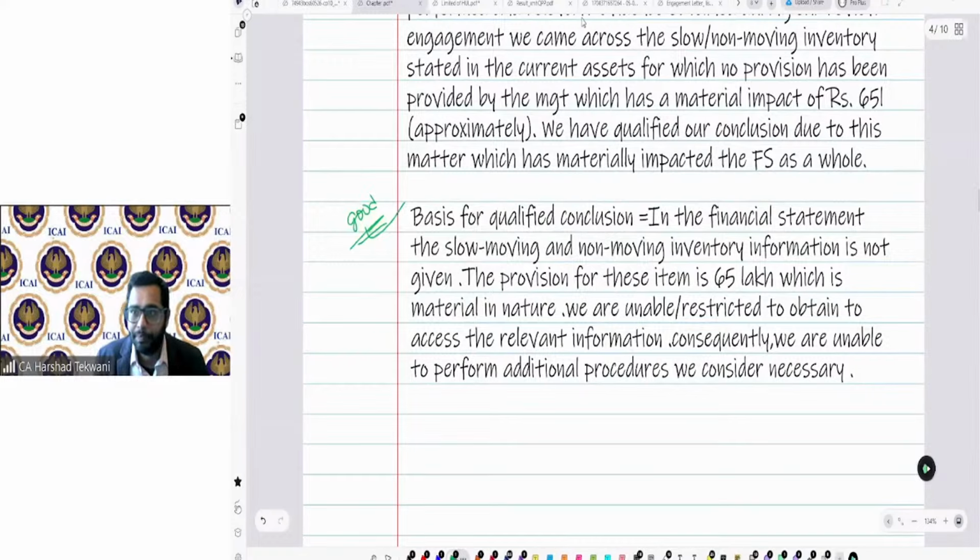Take 5 minutes more, but let's discuss how we need to write the basis for conclusion.